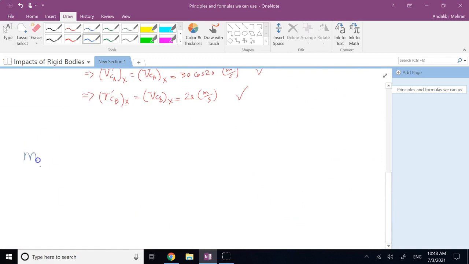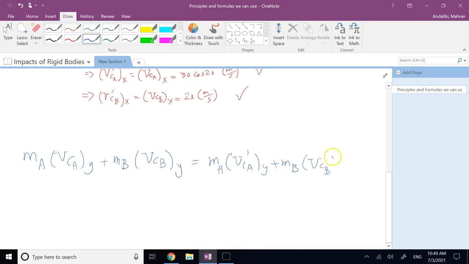It means ma times v of ca, the y component, plus mb v of cb, the y component, the total momentum of the system before impact along the y direction, is the same as ma v prime of ca y plus mb v prime of c of b y. Okay, that's rule number 1.